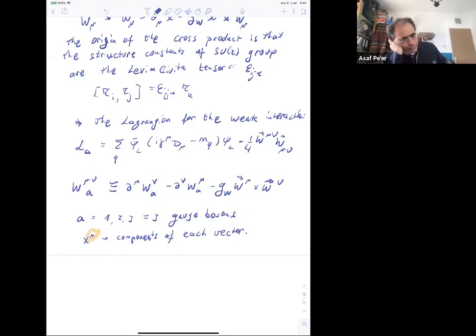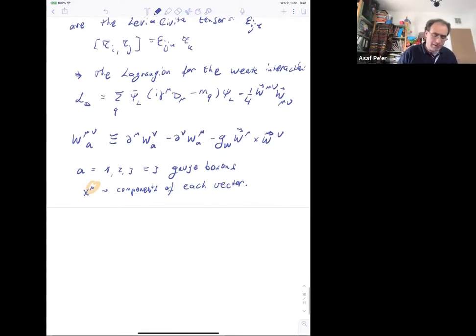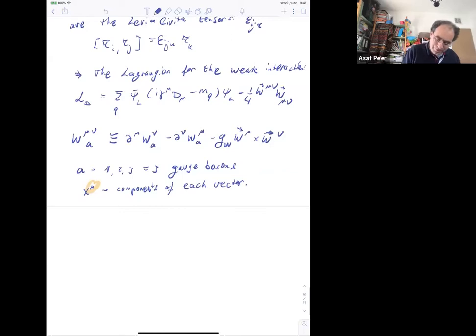There is one thing we haven't done yet, which is to associate the W's that we find with physical particles. Again, we got these gauge bosons from the requirement of gauge symmetry of the Lagrangian. So let's try to associate the different W terms with physical particles.